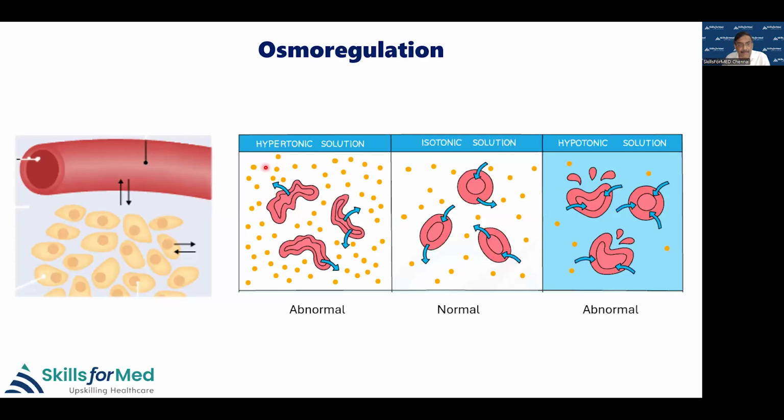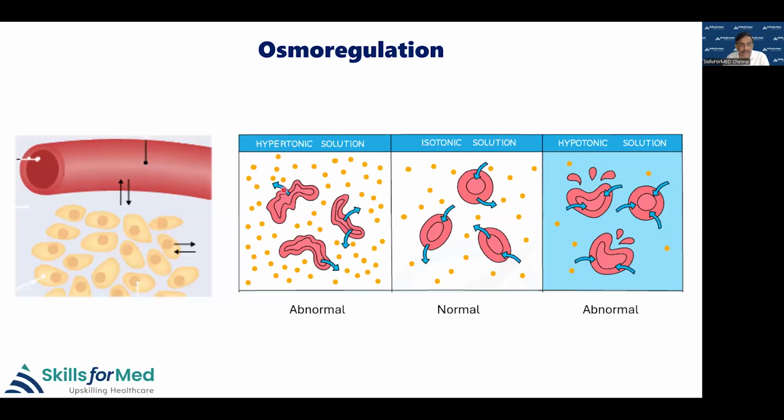But hyperkalemia, hypernatremia causes the cells to shrink and get dehydrated. On the other hand, if you do not have enough salts, like in hyponatremia, which is very common in the elderly, then it becomes hypotonic and the fluid gets into the cells, they become swollen, and sometimes they can burst also, causing lysis of the cells. So both these are abnormal.